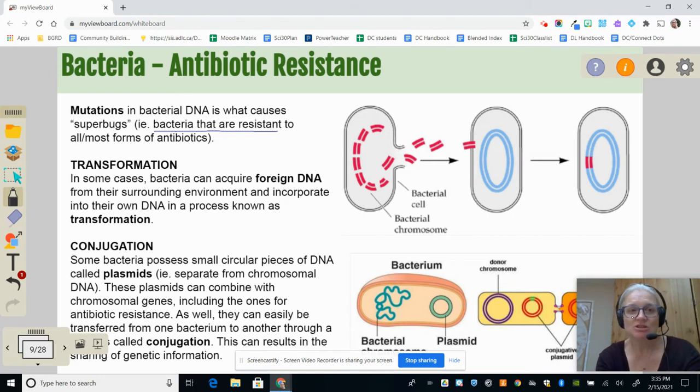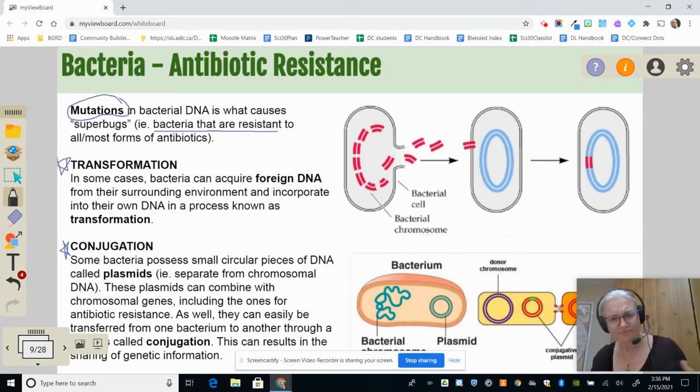So some of these mutations are just totally random, but they benefit the bacteria to become a superbug so that it can resist almost all forms of antibiotics. So bacteria have two ways that they can transfer that resistance, that DNA that contains this awesome mutation for them.